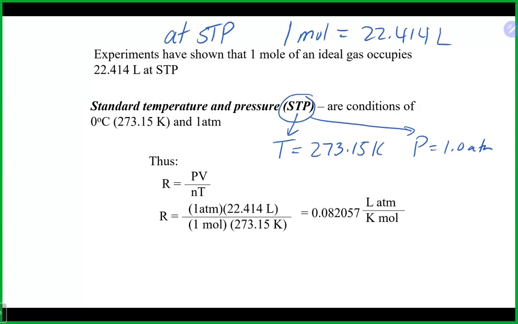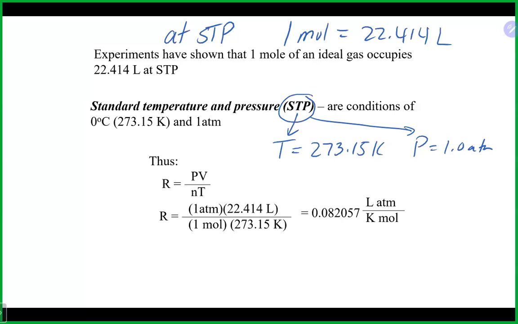So if you happen to be at STP conditions, that relationship can save you some time. You don't have to put things into the ideal gas law.